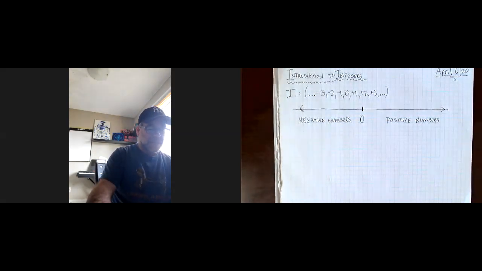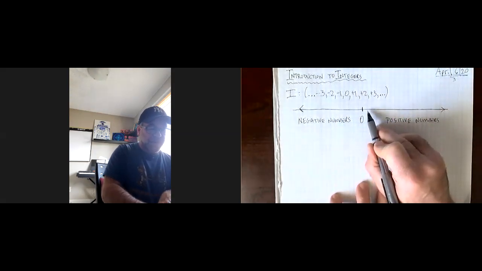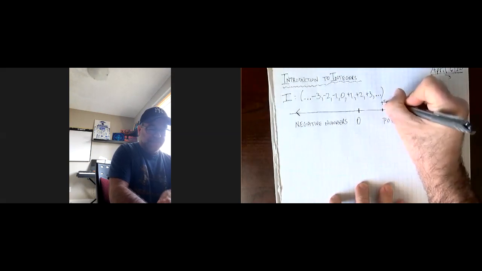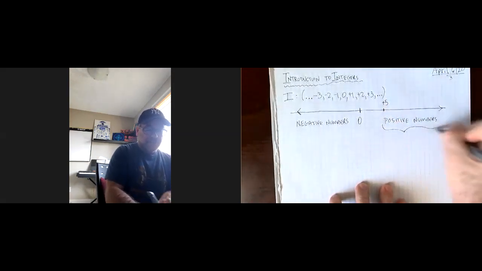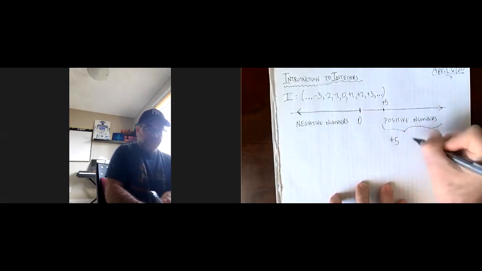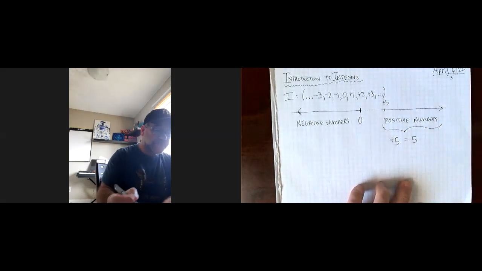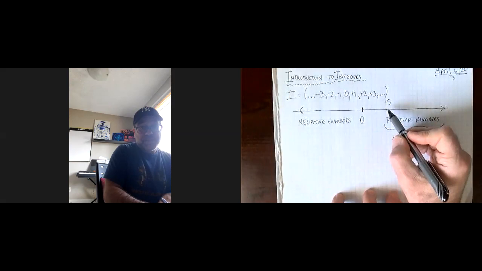So every positive number, we think about it, I'm going to count in the positive direction, 1, 2, 3, 4, 5, up to positive 5. For positive numbers, positive 5 means the same as 5 without a sign. And every integer has an opposite integer.